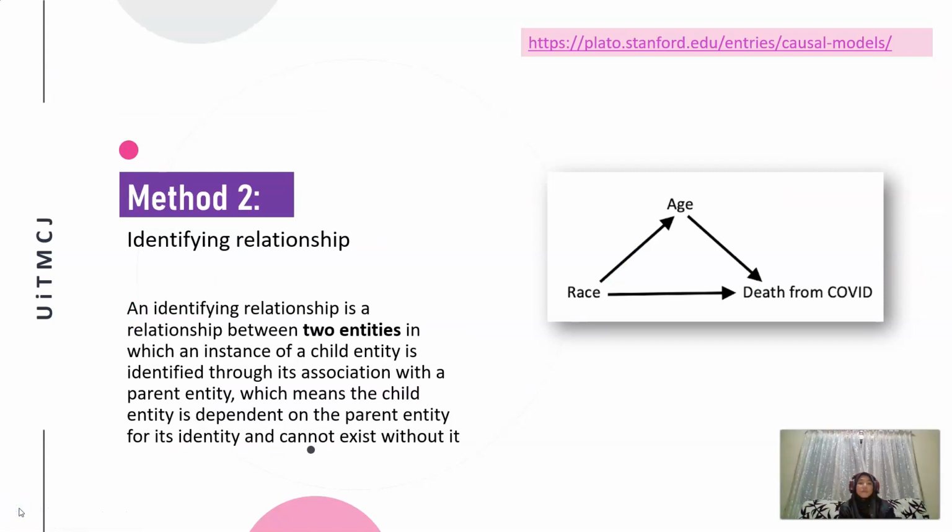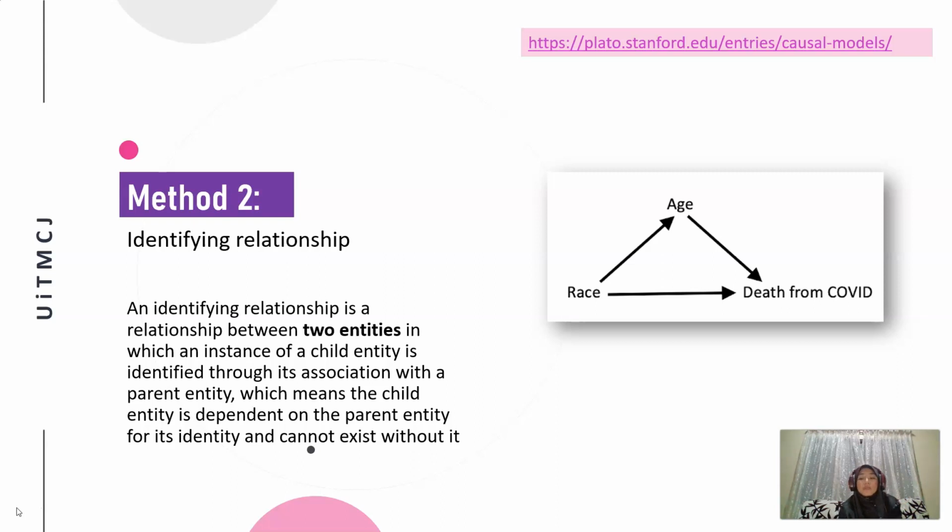Alright, so method number 2 is about identifying relationships. When we talk about relationships, normally we need to have at least two entities, at least two things that you want to find the relationship between. We normally call that parent and child entity.